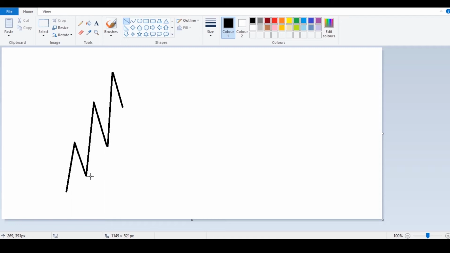But when it comes down, it will never go lower than the previous one. Instead, it'll go higher than the previous one. So your lows are constantly getting higher and your highs are also constantly getting higher. The minute price decides to go lower, if one of your lows go lower, then you are officially no longer in a trend.